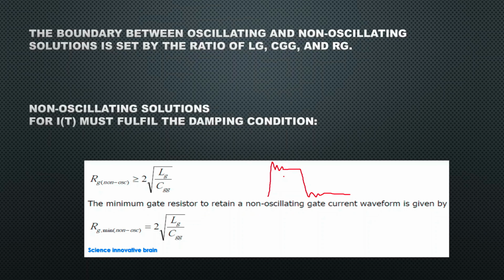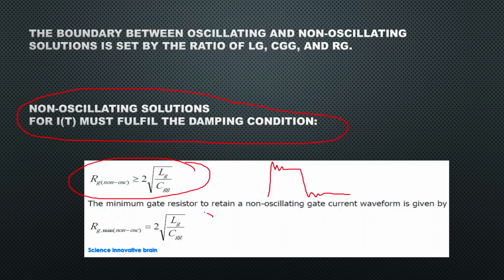So I don't want that, and we have to fulfill the damping condition. For the non-oscillating solution, the condition is this one only. We have to follow this equation to select the correct value of the gate turn on or turn off resistor.